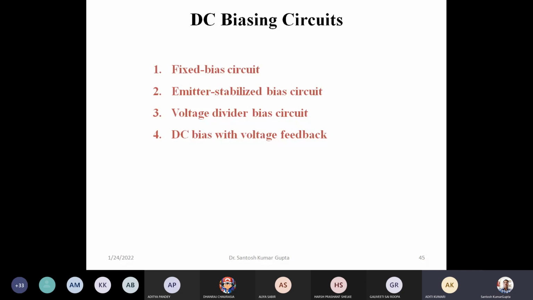In the discussions we have seen, suppose we take the common base configuration here.